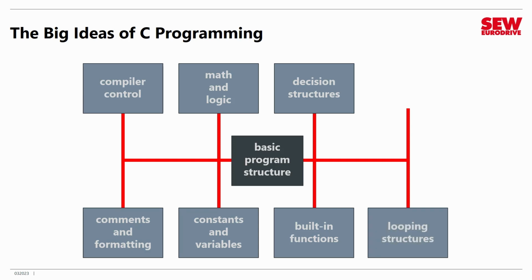We will look at looping structures, which allow your program to repeatedly do something, either a fixed number of times or until a condition is met. And then finally, we will look at creating our own functions, what are called user functions. So this is going to occupy us for some time, but when we're finished with this, you'll have a very good bedrock upon which to build motion control applications.